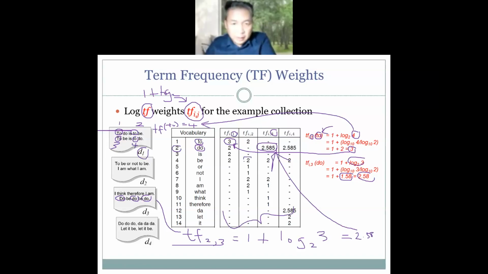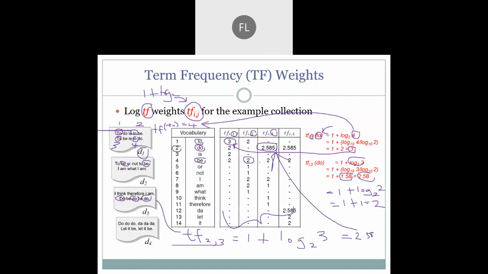Similar to this, here we are looking at this keyword in document 2. So where is document 2? Document 2 is here. So B is how many? 1, 2. So when we perform this one, 1 plus log 2, log 2 is 1, so 1 plus 1 becomes 2.